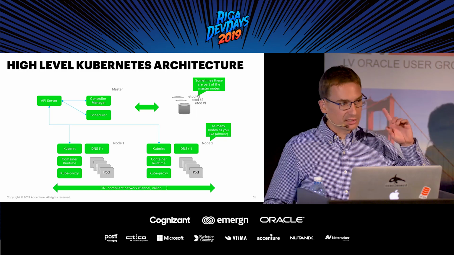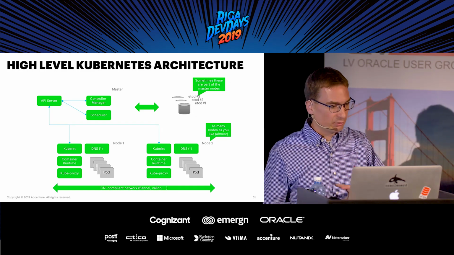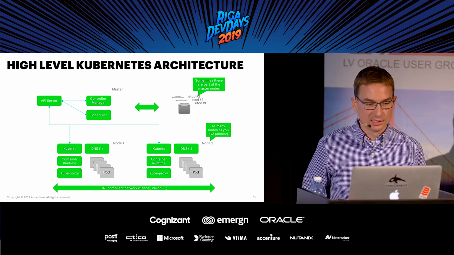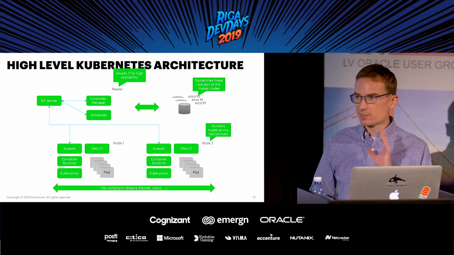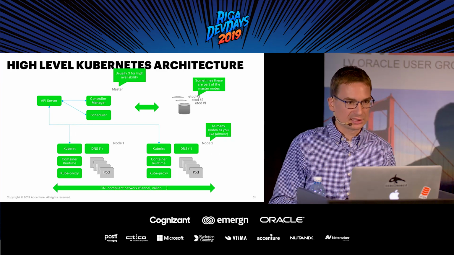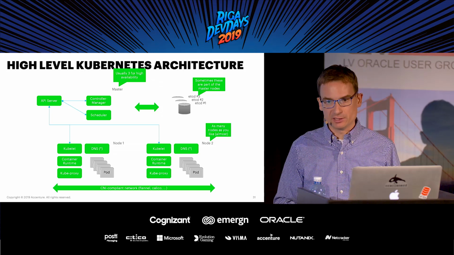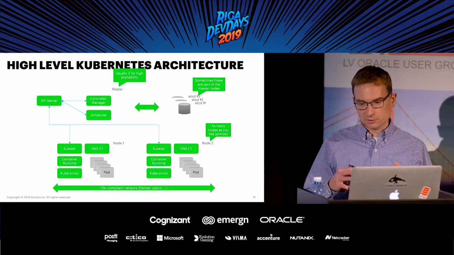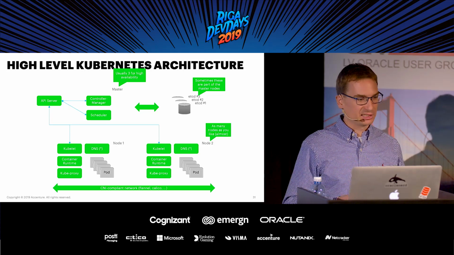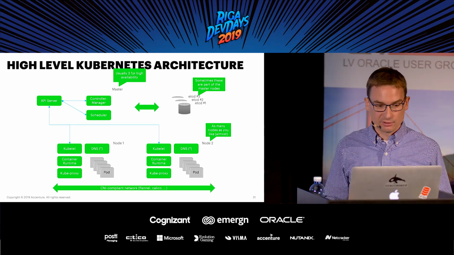This etcd key value store is very often combined on the masters. There are usually 3 masters across 3 availability domains or zones, or whatever the cloud vendor calls its data centers in a region, for high availability.